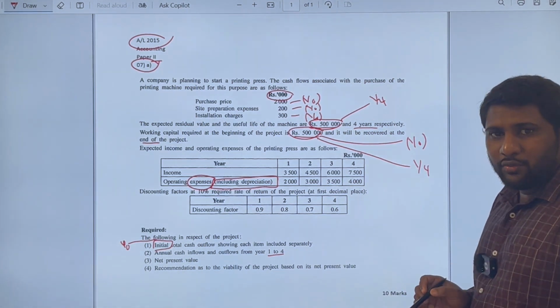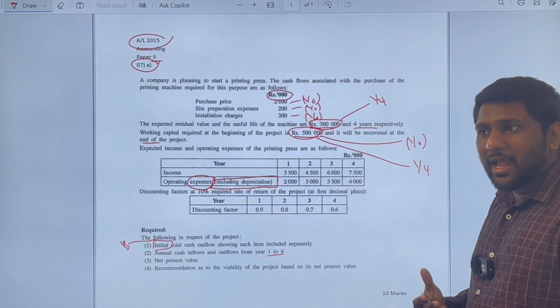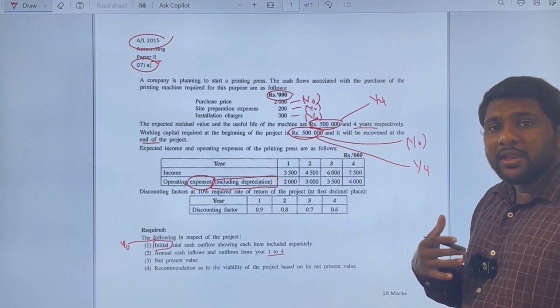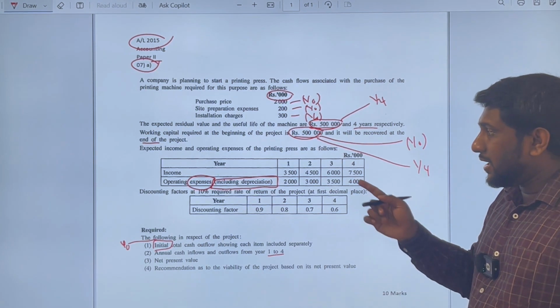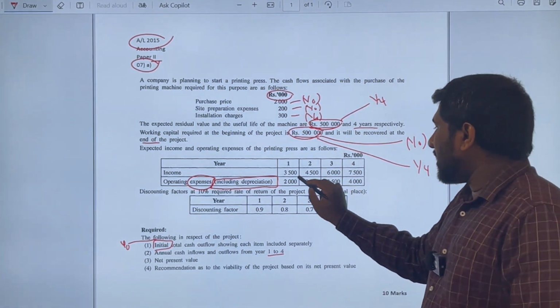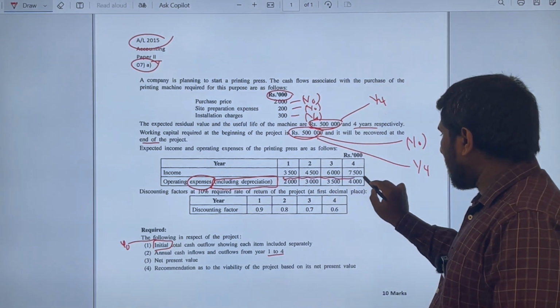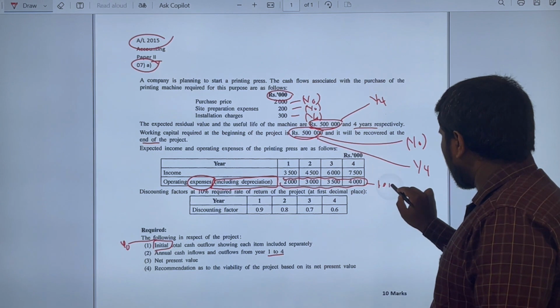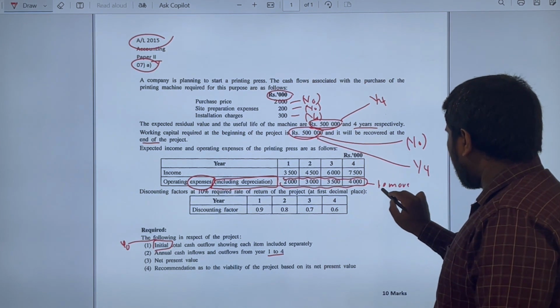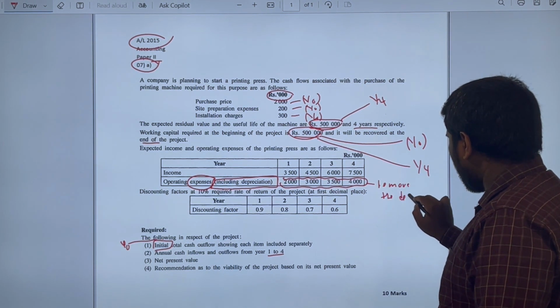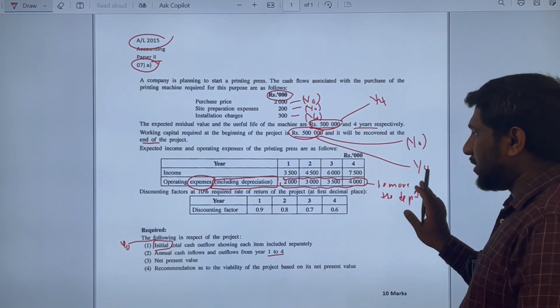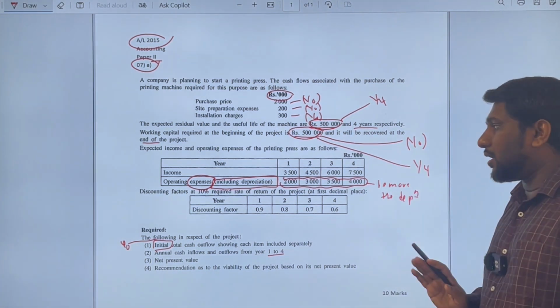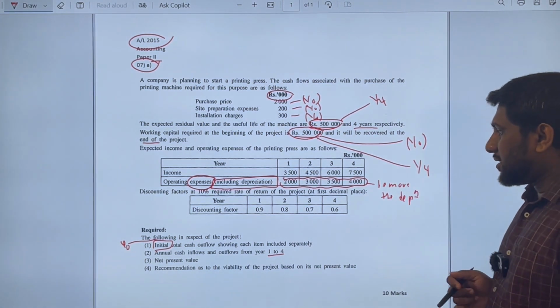When you are doing an NPV calculation, you can't have any non-cash items like depreciation. So do remember, from these values we have to remove the depreciation. I'll write it and keep it, and when we are doing the calculation, we can remove it accordingly. And they have given the discounting factors.